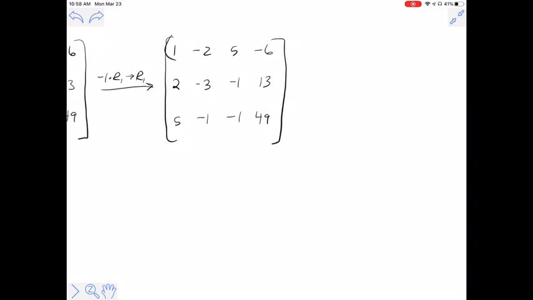So if I take this top row and multiply it by -2, that's going to make a -2 right here, which I can then add to that 2 to make a 0, and then I would just place that 0 in row 2. So what I need to do then is I'm going to take row 1, multiply it by -2, add that to row 2, and then place that value in row 2.